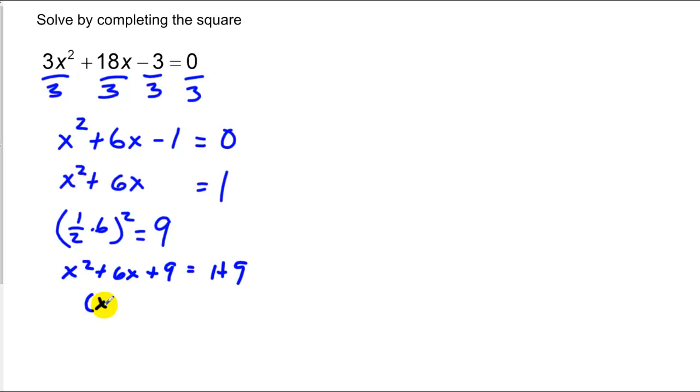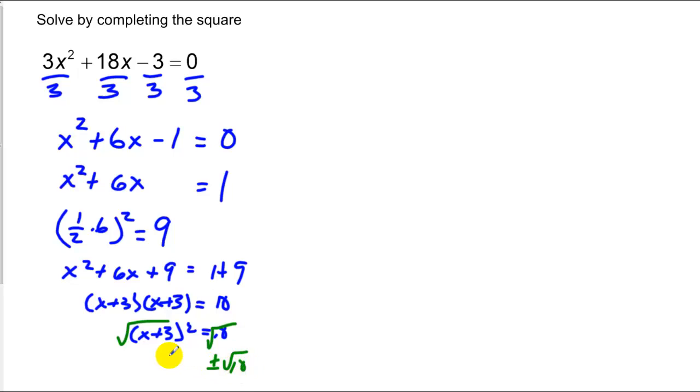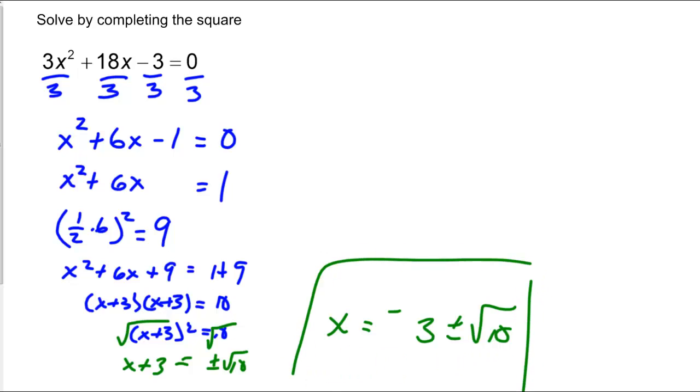I'll get x plus 3 times x plus 3 is equal to 10, or x plus 3 squared is equal to 10. Go ahead and square root both sides from here. Get plus or minus root 10 is equal to x plus 3. Isolate x, so x equals negative 3 plus or minus root 10. And that's my solution.